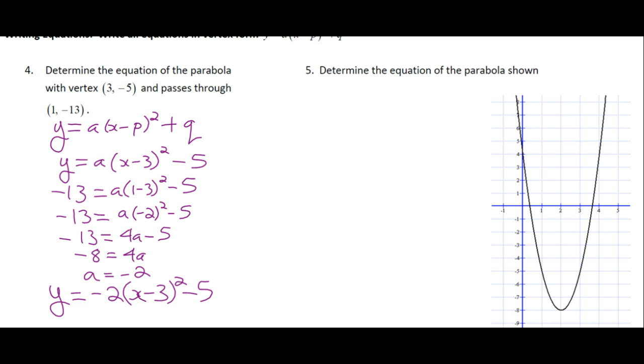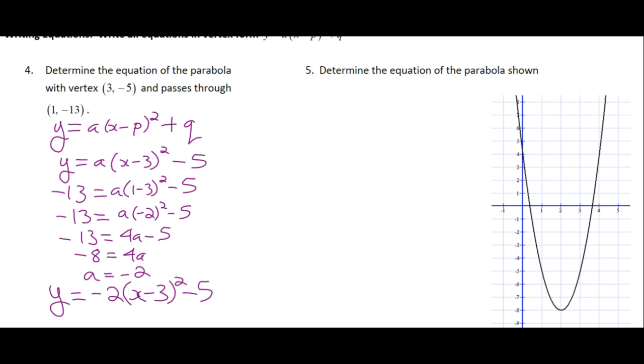I substitute in what I know, then I put the point in. You could go straight to here, because you know the p and the q and the x and the y. I like this because this is going to match this. I'm going to take this and write it down here, but only with the value of a. So I'm saying, hey, this is what I'm going for. And there I am.